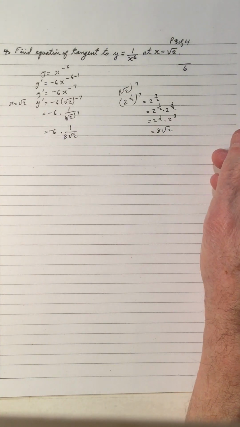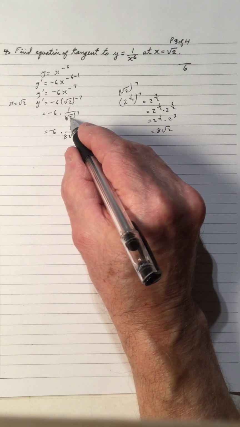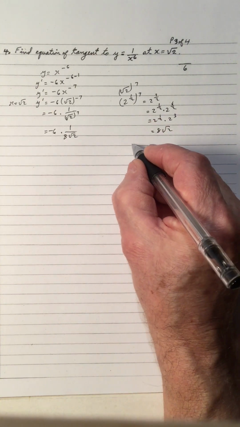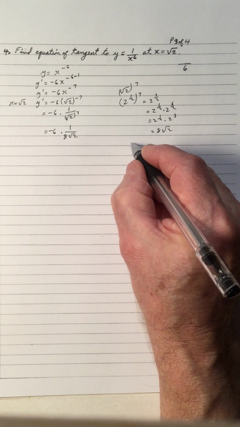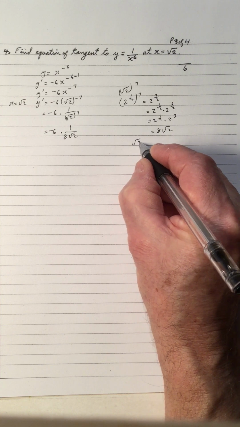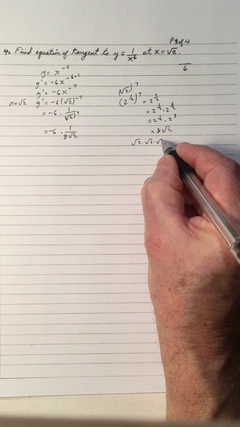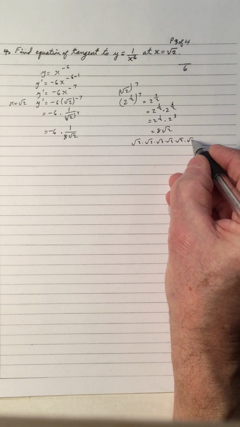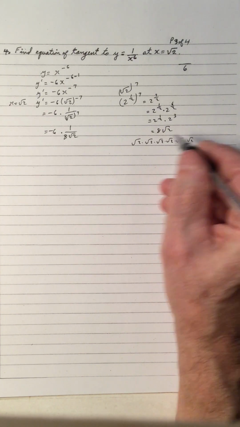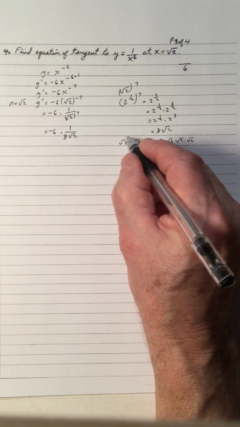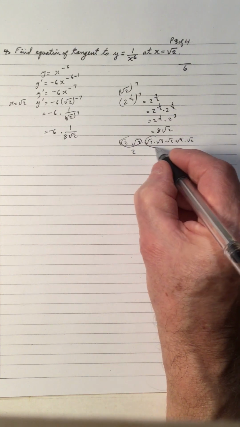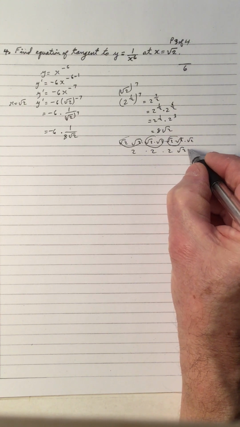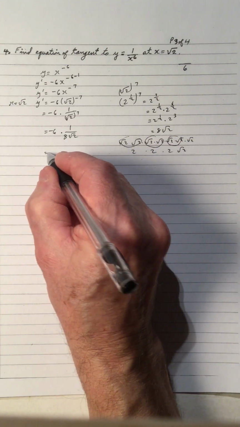And I just want to do that another way. We have the square root of 2 to the 7th power. If you did that 7 times, it's a long way to do it, but it works. There it is. There's the 2 here, there's a 2 here, root 2, so that gives you 8 root 2. There's another way to do it.